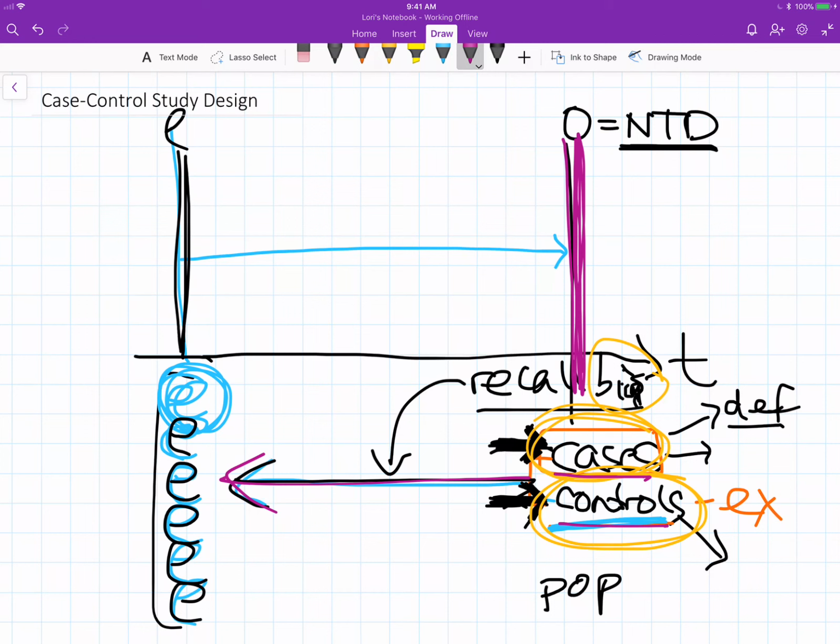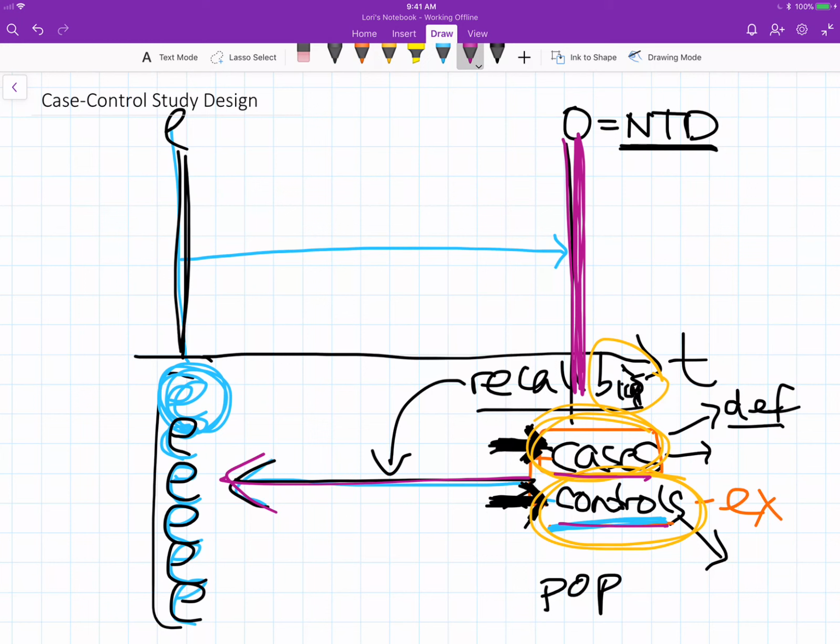And what that means is I can't lose track of somebody. If I collected information on a case, I have the information for that particular case. If I collected information on one of the controls in that particular study, I have the information for that control. I don't have to wait for a year or 10 years or 25 years for that particular person to show up as having the disease or not, as I do in some other kinds of studies.